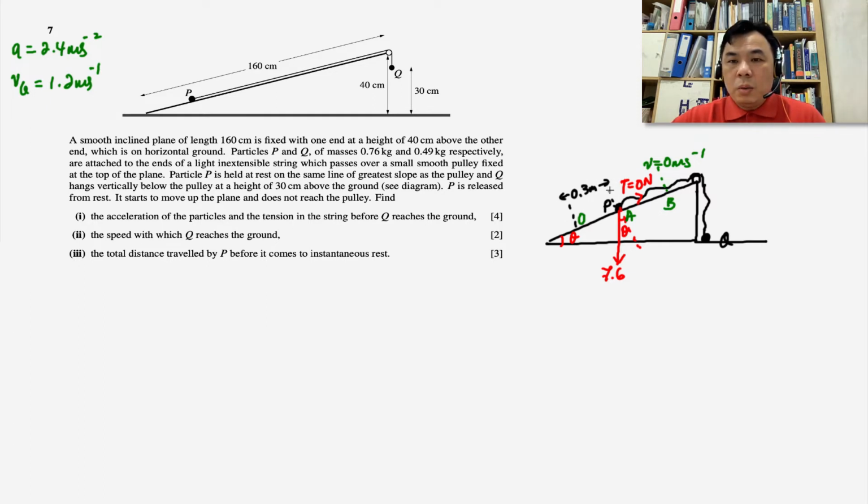And then once that happened, when Q reaches the ground, the string would be slack, meaning that there's no longer any tension acting on the string. All right, so you can still apply the same Newton's second law.